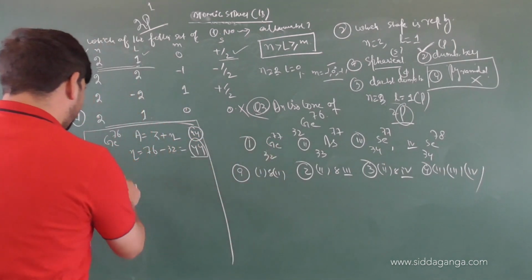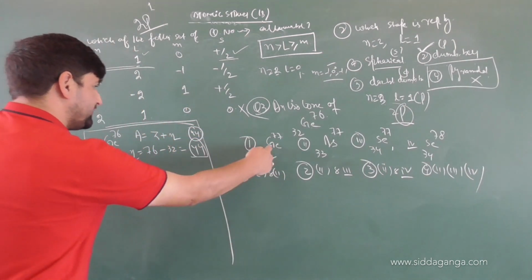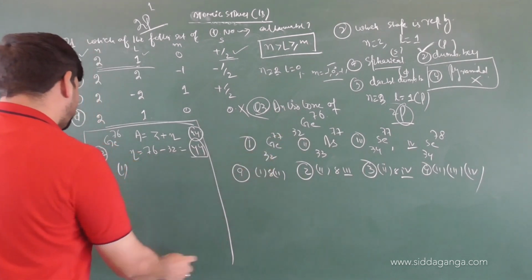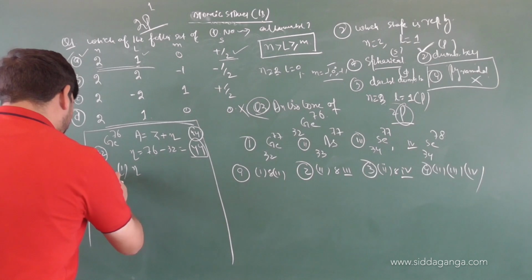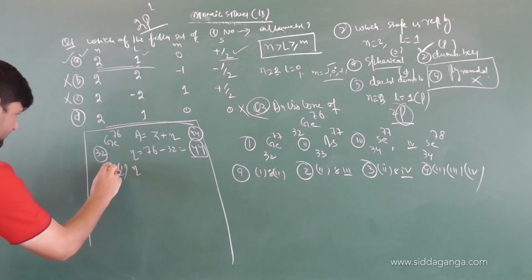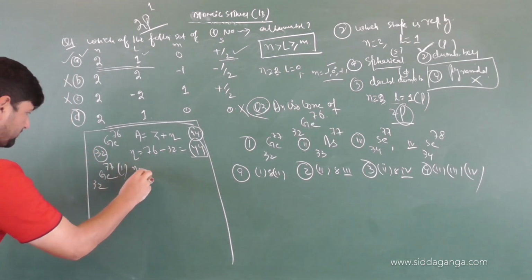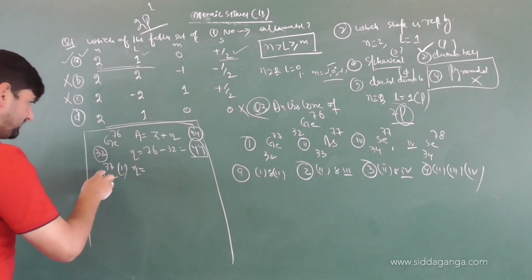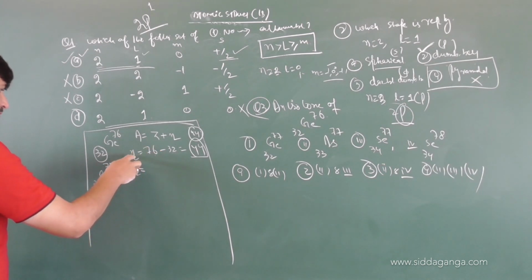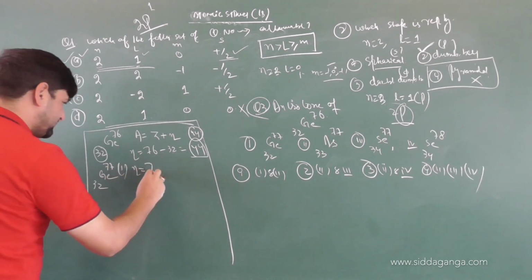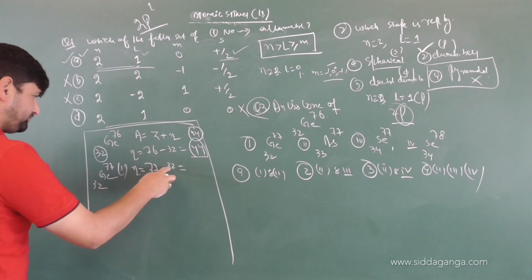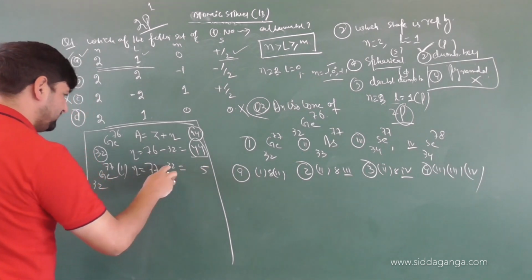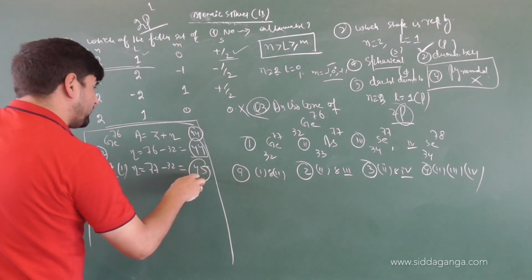Let us see the first one. What is the first one given? Germanium 77 32. Number of neutrons will be A minus Z. What is A? 77 minus 32. What does it make? It comes 45.